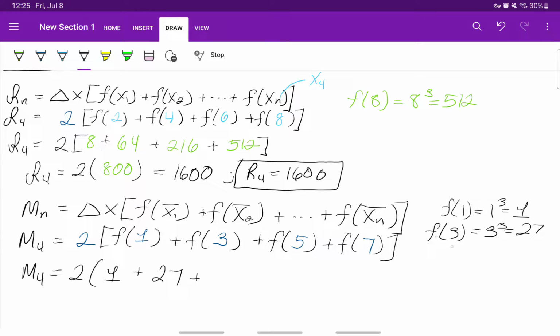Plus f of 5. I plug 5 into my function, 5 cubed is 125. And if I plug 7 into my function, 7 to the third is 343.